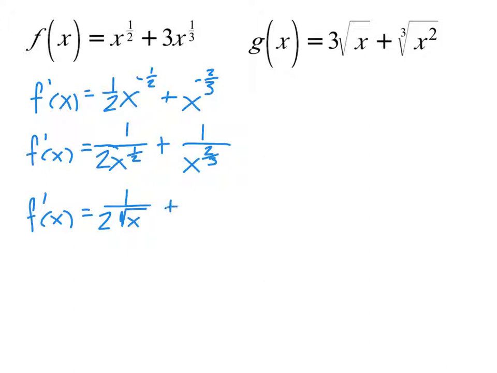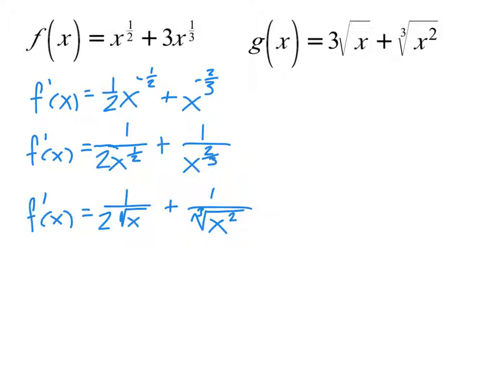Then the plus 1 over, now x to the 2/3, remember whatever's on the bottom, that's which root it is, so this is the cube root. And then the number on top, that's the exponent inside of the radical. So it's the cube root of x squared there. If we were trying to give our answer with the radicals in there, this would be looking pretty good. Although we can actually go even one step further.